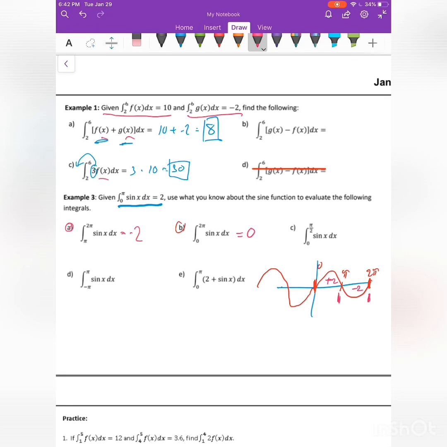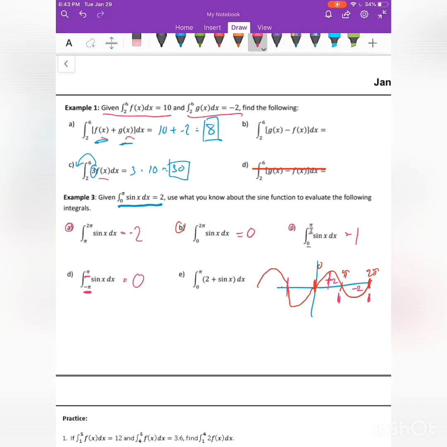And you can go on from here. For C, from 0 to pi over 2, that's half of this, so you could say that that's 1. If you work the other way, from negative pi to pi, those completely cancel again, so that's 0.